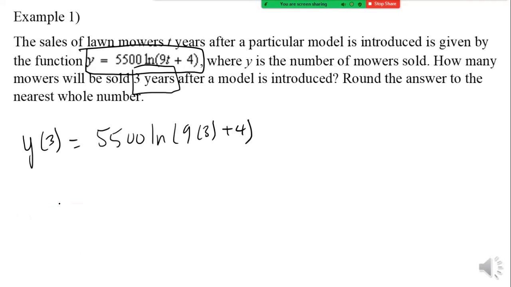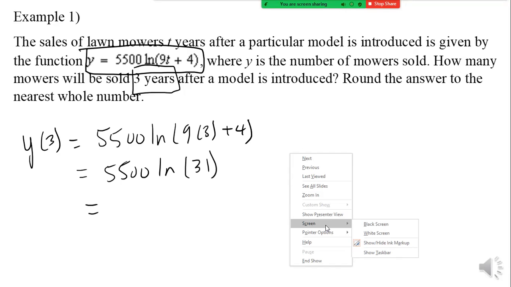And all you're doing is plugging that in the calculator, right? If you want to simplify before plugging it in, sure. Do you have to simplify before plugging it in? No, you don't. But if you wanted to make this into 31, go for it. No one's going to stop you. So I'm going to put in 5,500 times the natural log of 31.